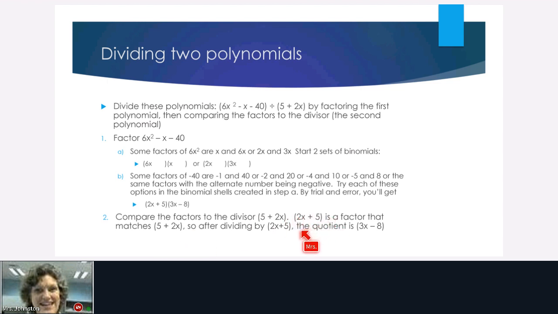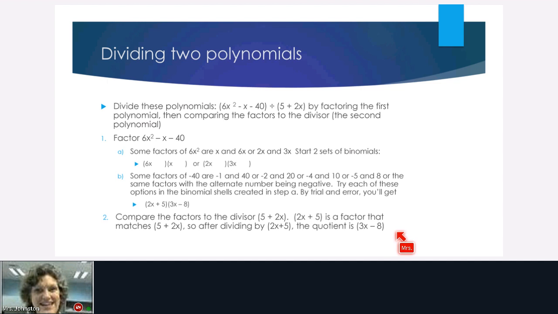And so I can actually cancel those out when I divide this polynomial, knowing that 2x plus 5 was a factor. I can divide that part out, leaving me with just the second binomial as 3x minus 8. So in this case, it worked out.